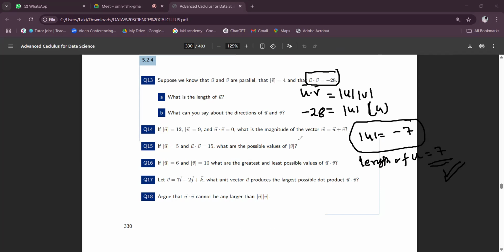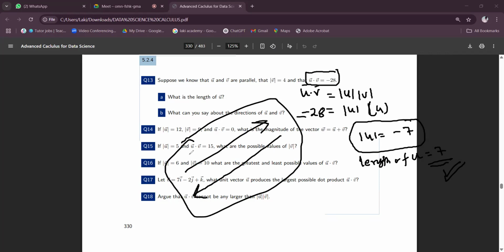Then what does the negative sign represent? It represents direction: if one line goes in the right-hand direction, the other line will go in the opposite direction, and they are parallel. So the second part is the opposite direction.